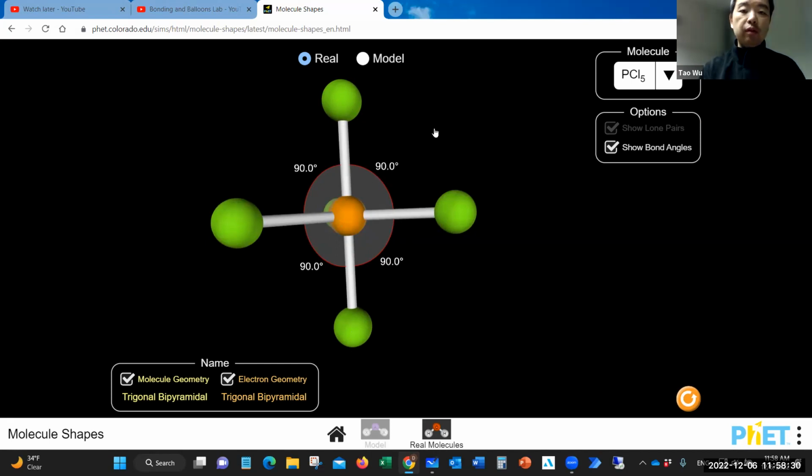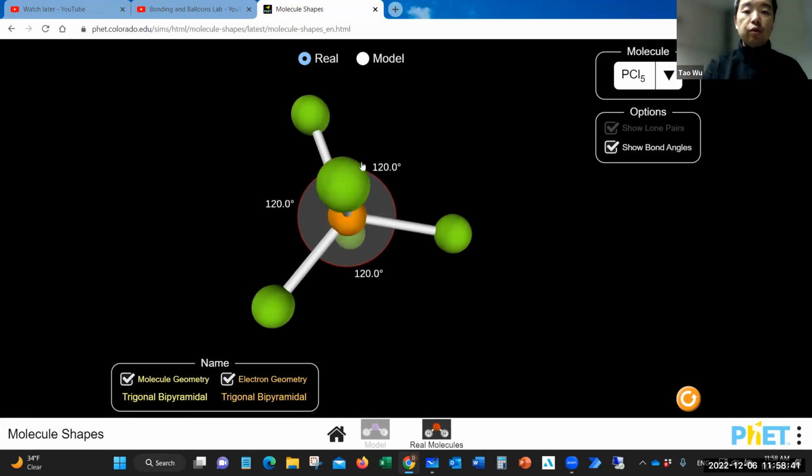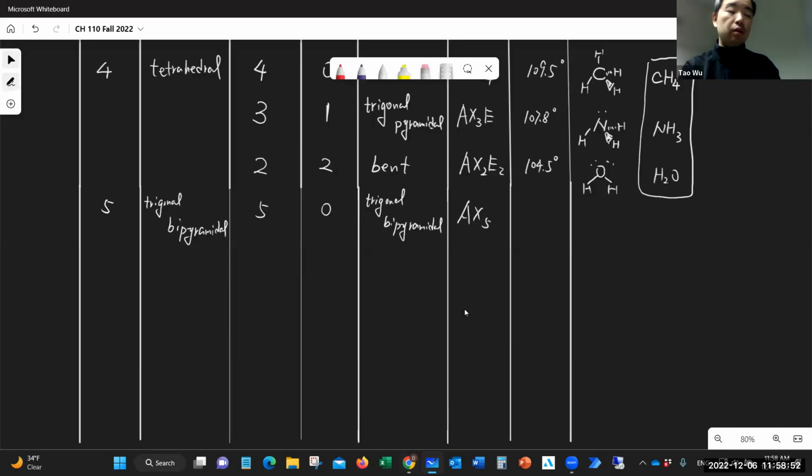And if you look from the top, the bird's-eye view, you also have 120 degrees between those 3 atoms. So the bond angles are special: 180 degrees, 90 degrees, and also 120 degrees. Usually we're not testing this. One example is just PCl5.